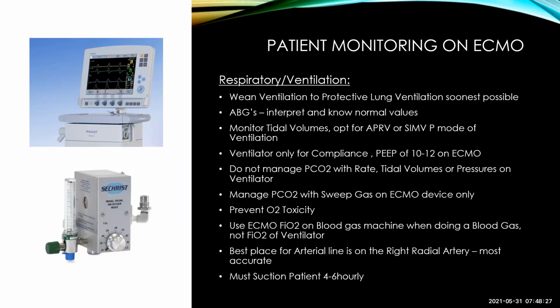Then, do everything that you would normally have done with regards to your ABGs. Make sure that you are not in an acidic situation. So the 5 things on the ABGs that's going to tell you about the acidity of the patient would be your pH, your bicarb, your CO2, your base excess, and your lactate.